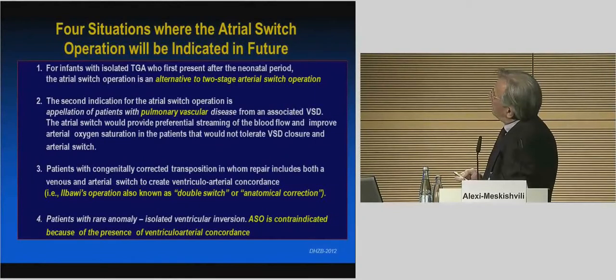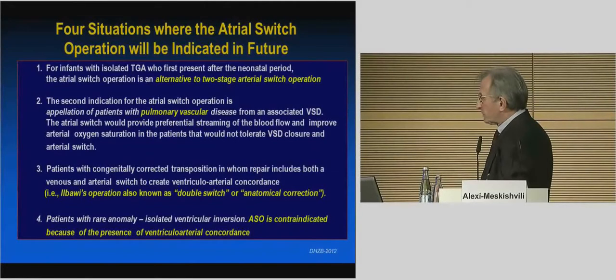For example, for infants with transposition who came to the surgeon very late, for patients with pulmonary vascular disease, the so-called palliative arterial switch operation, and also the group of patients with so-called corrected transposition, for whom the double switch operation is performed, and the arterial switch operation is a part of this double switch operation.